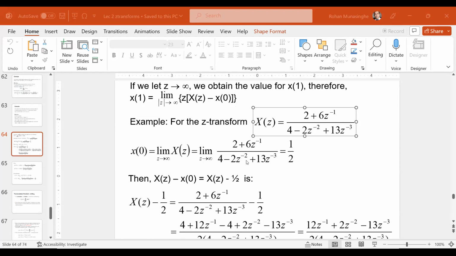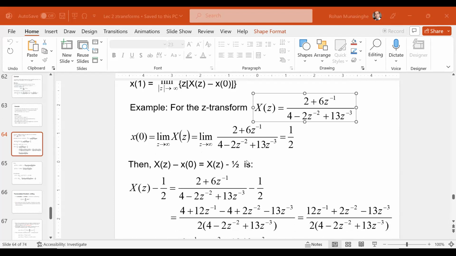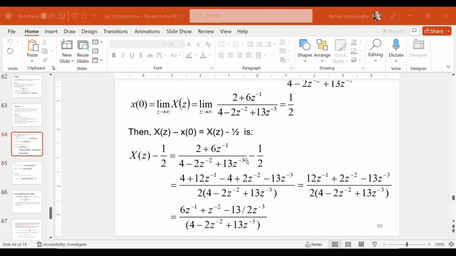And then you use the second theorem, in fact, the extension of the initial value theorem, to calculate the second sample by taking z to infinity of X(z) minus half, the whole thing multiplied by z. You have to calculate that one.